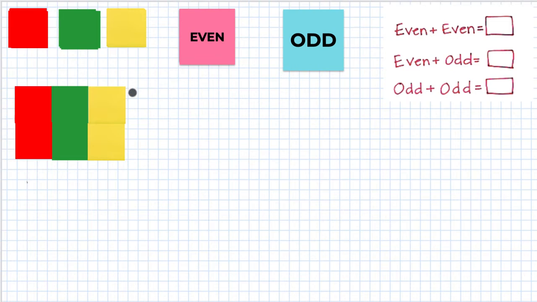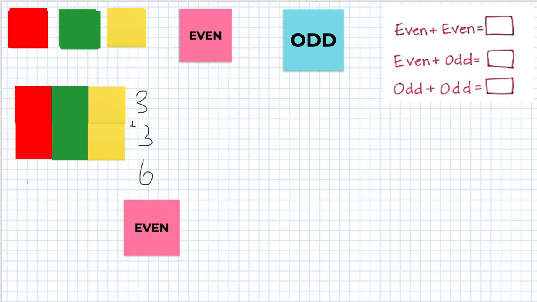So here I have 3 plus 3, which gives me 6. If you remember from our earlier lessons, when we have a number and we double it, we know that the total or sum is even.